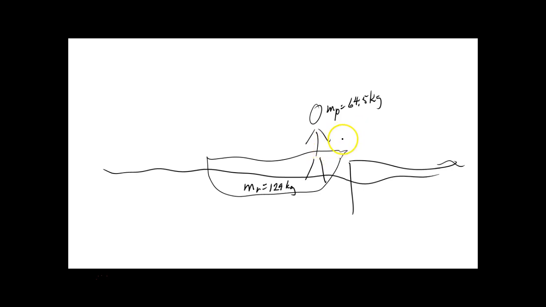So when he steps off, he's pushing against the rowboat with the force of his step, let's call it, equal to 34.0 newtons. What is the force that is applied to the person by the rowboat?